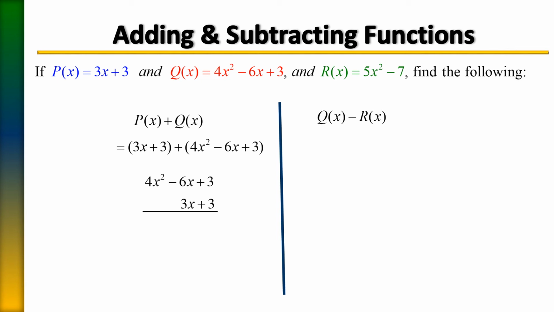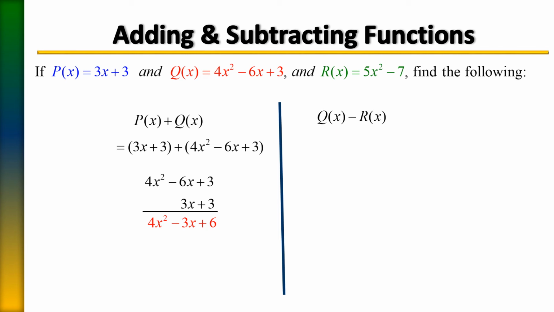So that's going to leave us with the first term of 4x squared. On the next column, signs are different. Subtract, take the sign from the larger number, so that will be bringing down negative 3x. Lastly, combining your numbers, 3 plus 3 is 6. So that's going to leave you with a final answer of 4x squared minus 3x plus 6.